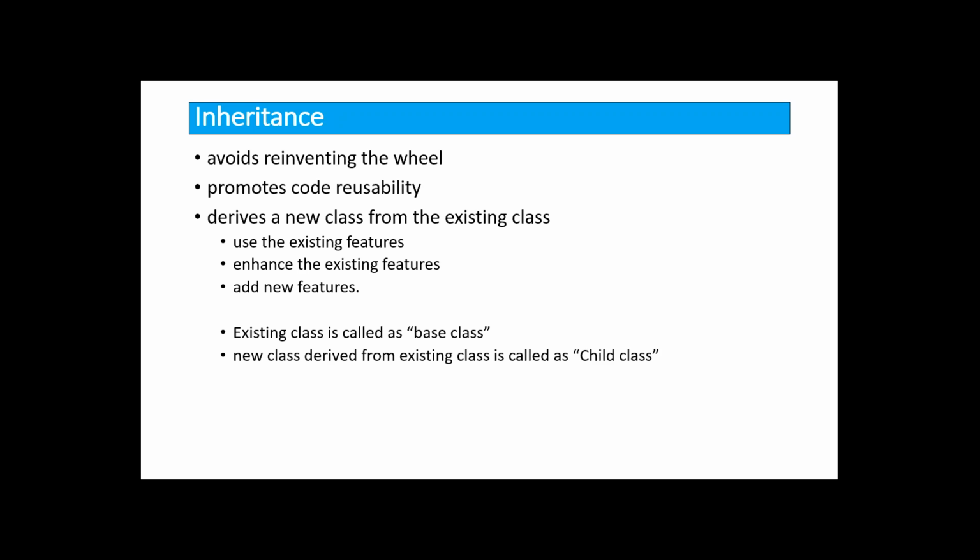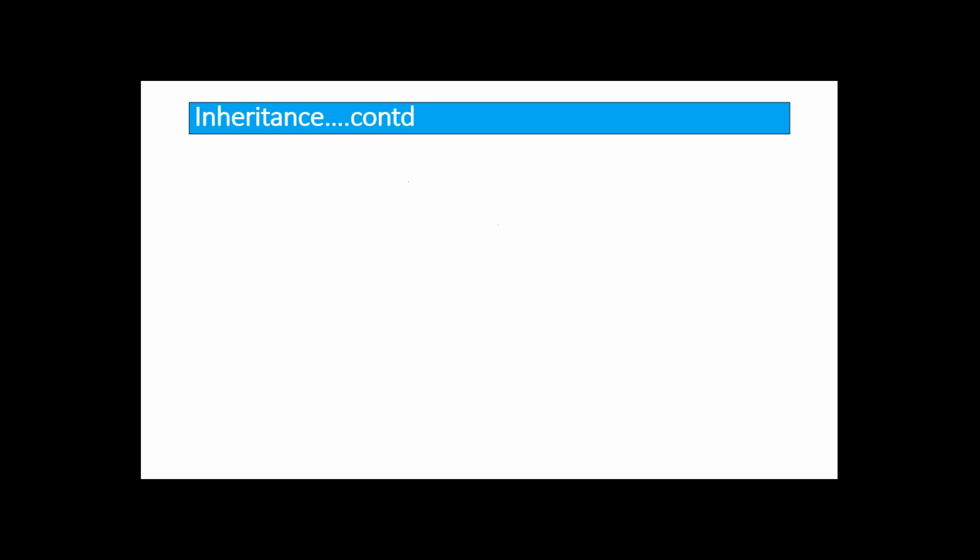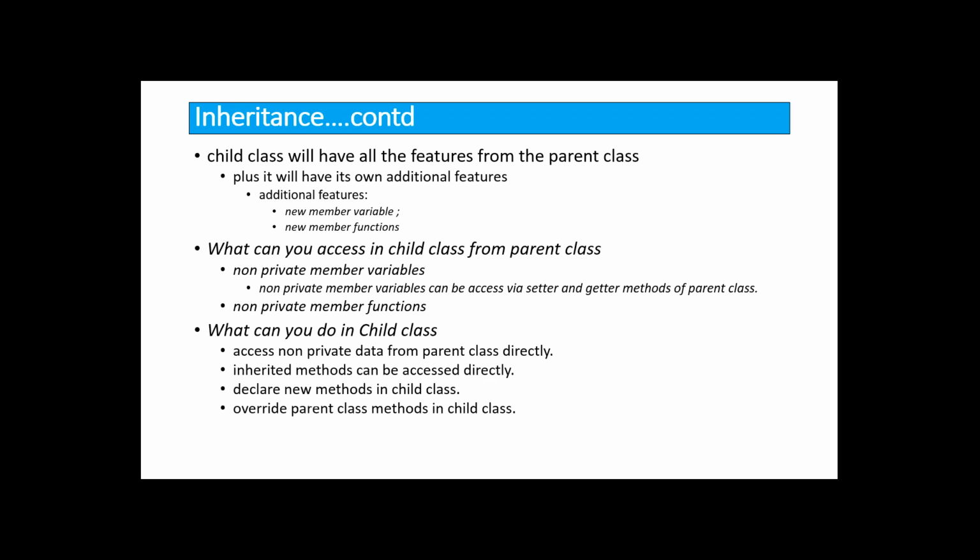Your existing class is called the base class, and the new class that has all the features from the base class plus its own features is called the derived class. Now let us see. Let's say you have a class called SMS, the basic version, wherein you can just send text messages.